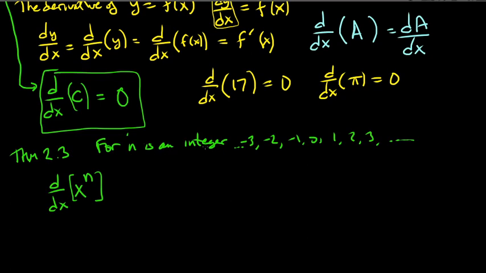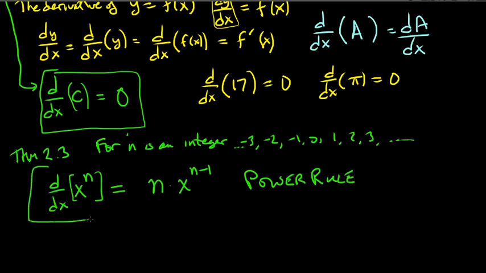Although it will apply to all real numbers, for now let's just say it's for integers. So the derivative of x to the n is going to be n times x to the power n minus 1. This is called the power rule, and this is one you should learn very quickly because we are going to use it over and over again. So very important rule here.